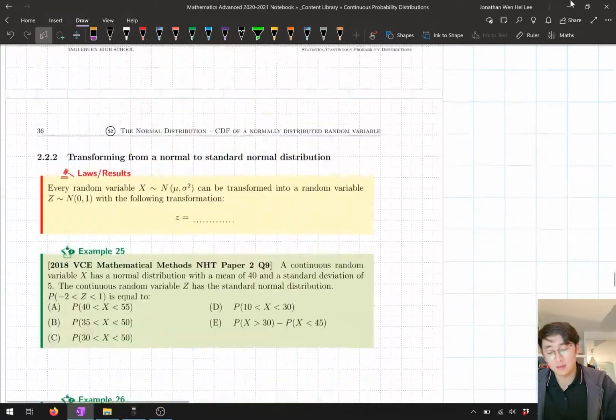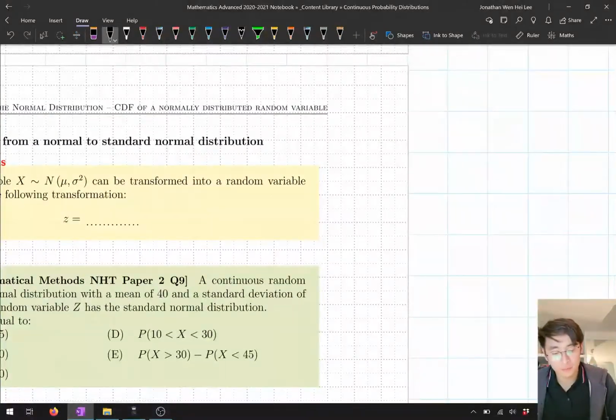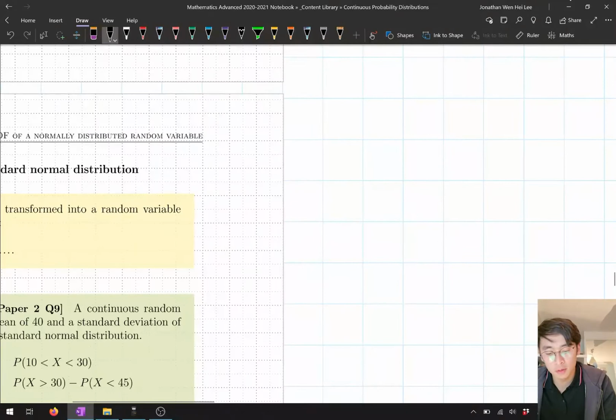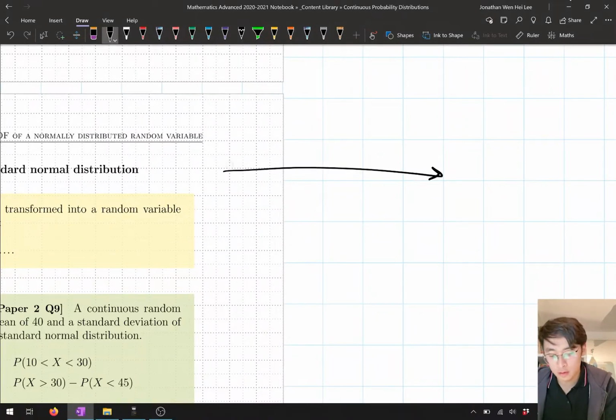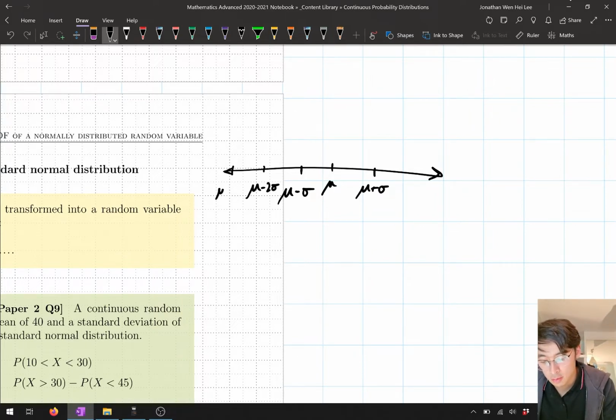Last lesson we looked at a normal distribution, with the mean in the middle and standard deviations above and below. So we have mu minus 1 standard deviation, mu plus 1 standard deviation, mu minus 2 standard deviations, mu minus 3 standard deviations, and so on, plussing on the other side.